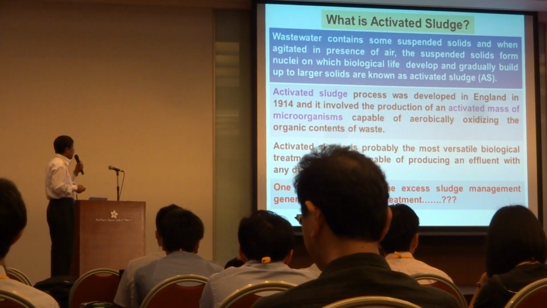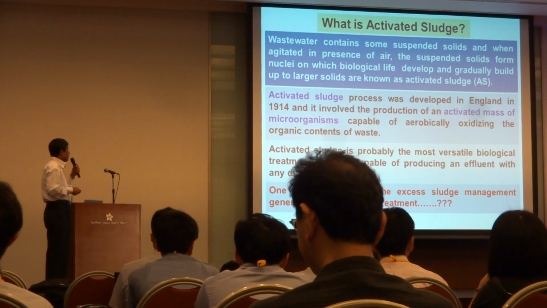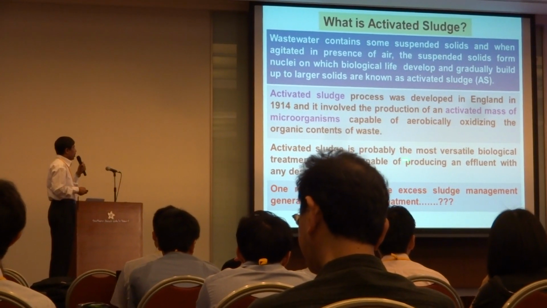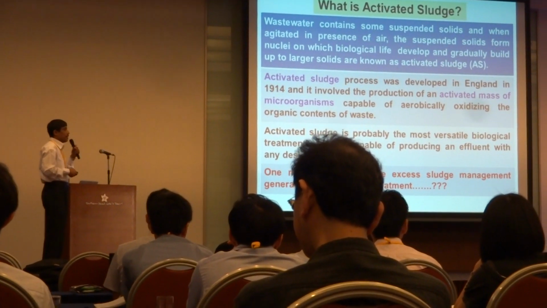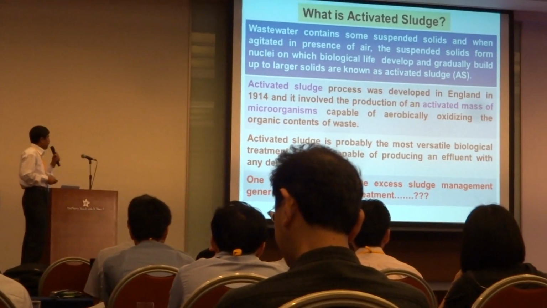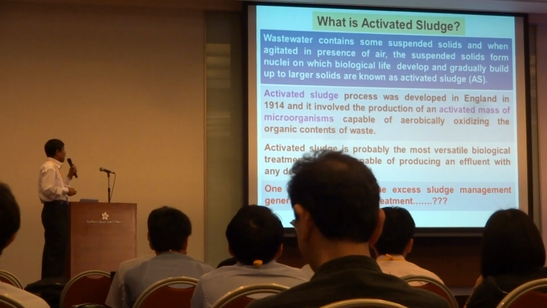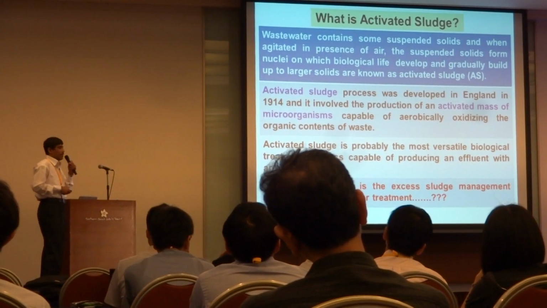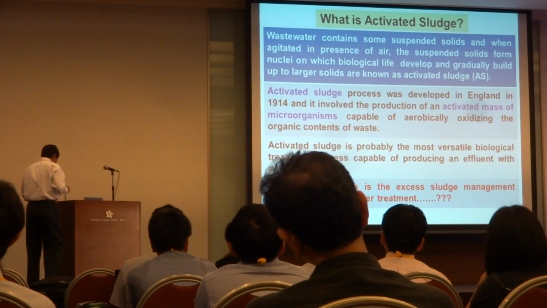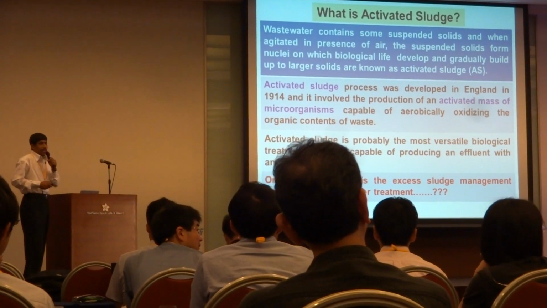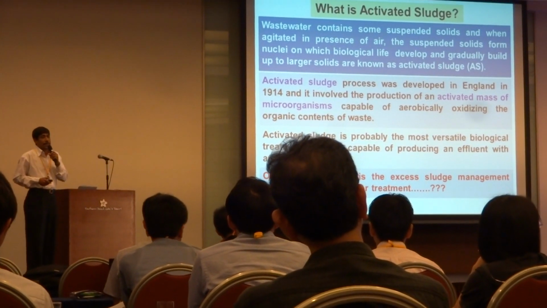Activated sludge is probably the most versatile biological treatment process, capable of reducing measured BOD. One major problem is the excess sludge generated by wastewater treatment and its management. What is BOD? BOD is biochemical oxygen demand.